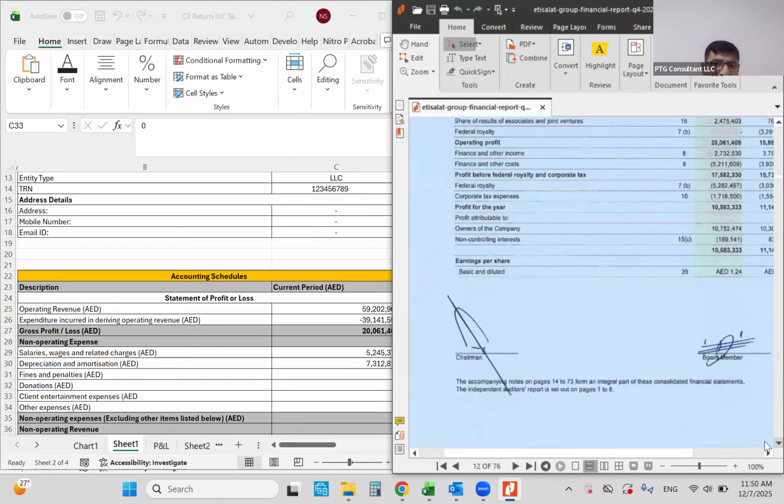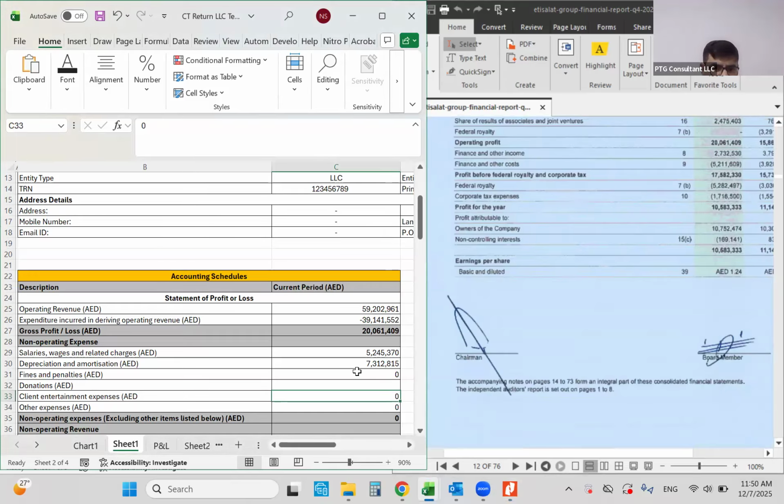Okay, Noman, come to the left side on the Excel version and see what is the next field. Fines and penalty zero, donation. Please check the donation.